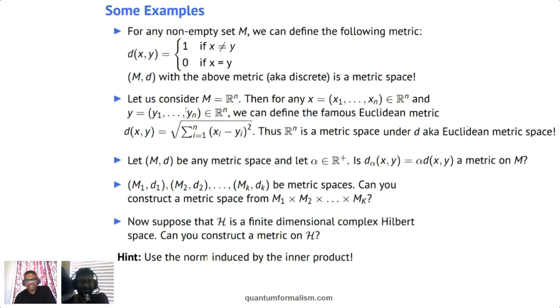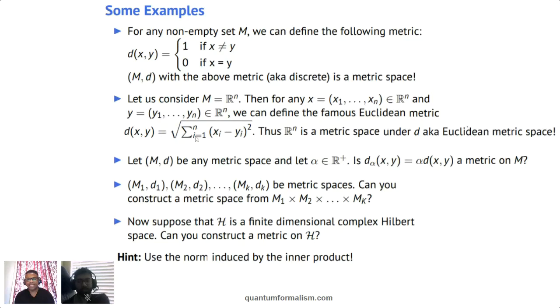Now, consider M to be Rn. Most of you, coming from analysis and calculus, know what Rn is. It's a Cartesian product of the reals. So if you have an n-tuple X and another n-tuple Y, we can define the Euclidean distance like this. This is the normal Euclidean distance, the square root of this sum here.